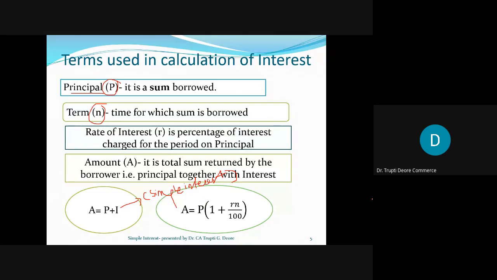And thereafter, write this formula: A is equal to P into bracket 1 plus Rn upon 100. You have to write in the same format. Same bracket, same denominations. R and n are small, and A and P are capital. Okay, done?